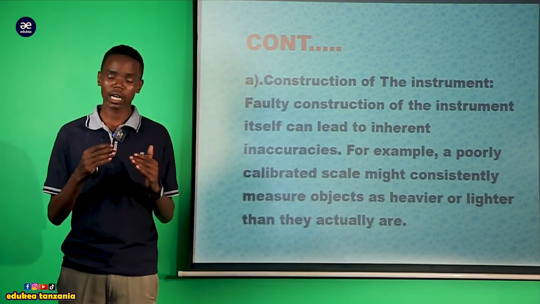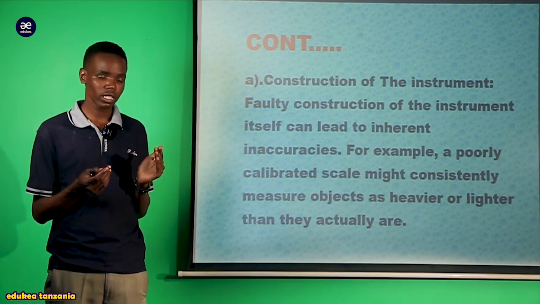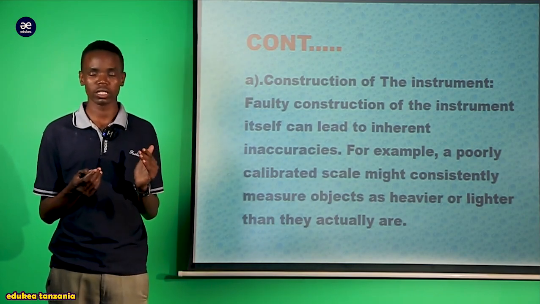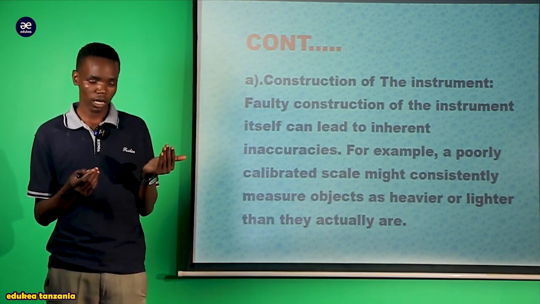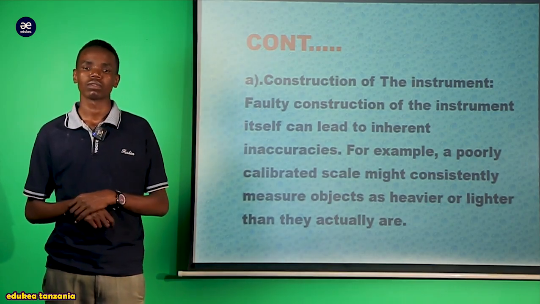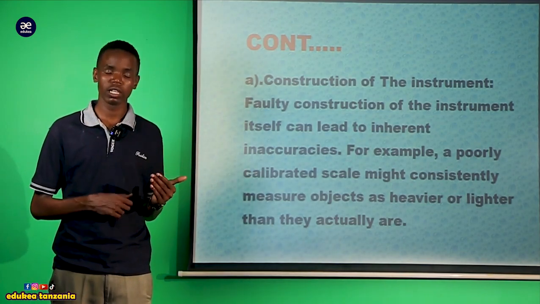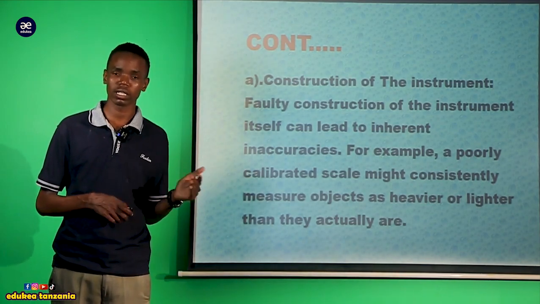Tunapokuwa tunatengeneza zile scale, it means that when we are not careful during preparations, it may cause us during measurements to obtain the incorrect values. So you can explain these causes by saying that.